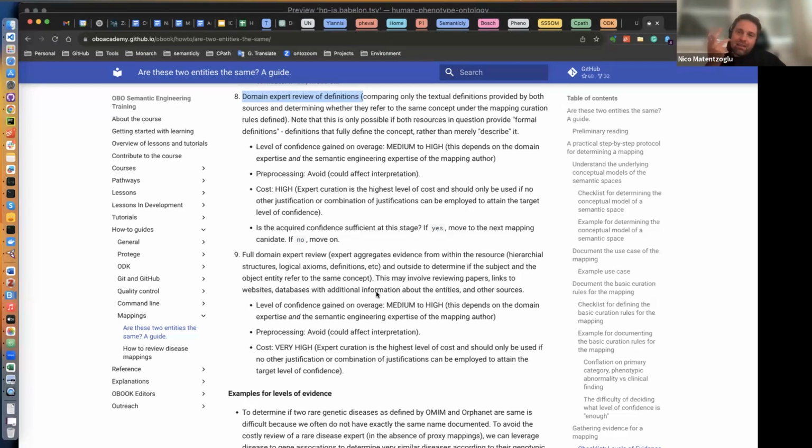So in the end, I think they are in some sense, because you remember that there is no general confidence score, but only a confidence score that you define as part of your mapping protocol. So given your specific mapping exercise, you will say the exact label match will give you a very high level of confidence.